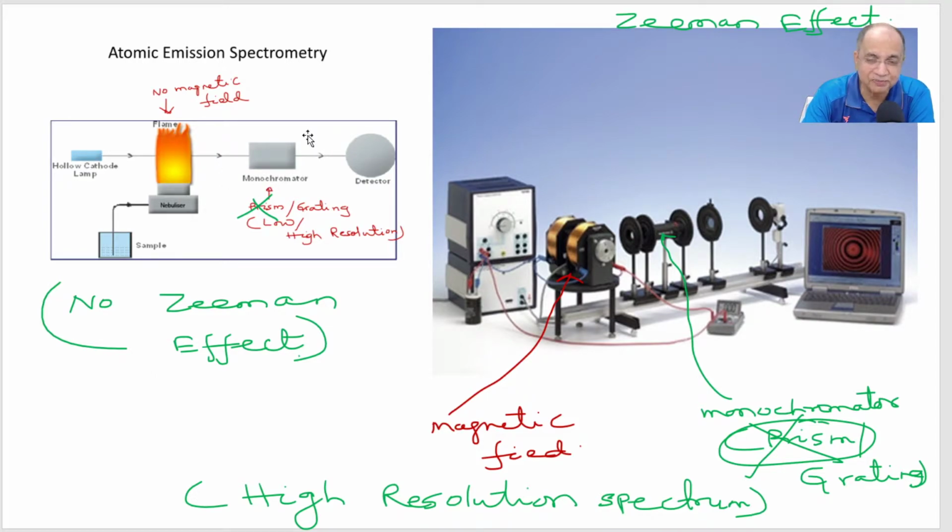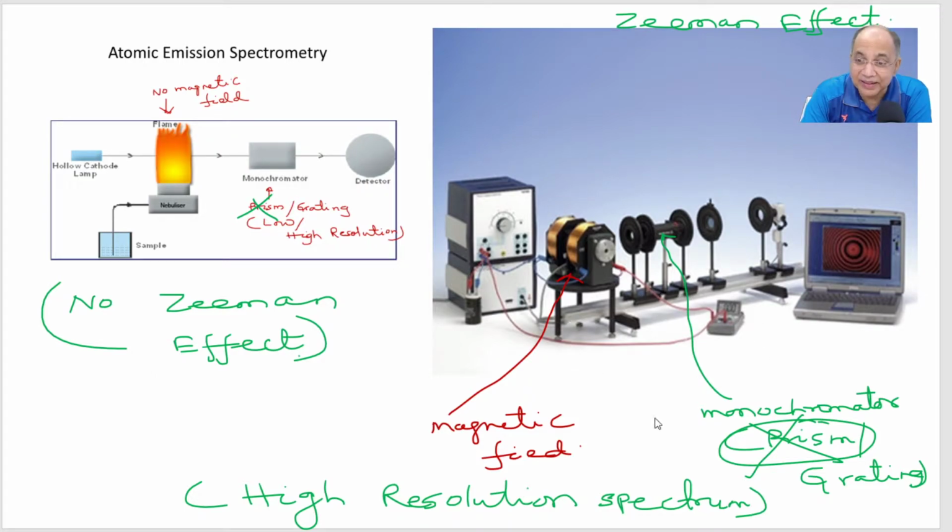You know that. Now there is no external field here, but you are using a high resolution spectrometer. Then you will find splitting, if at all there is an unpaired electron, and that is what we sometimes call internal Zeeman effect. So I always recommend not to use the term Zeeman here to avoid confusion.